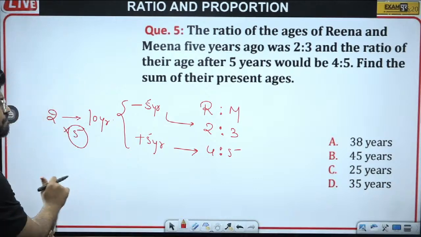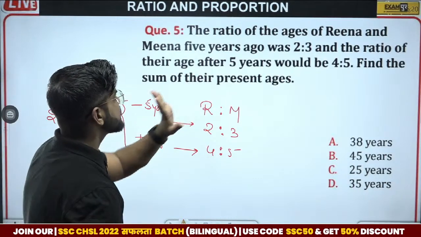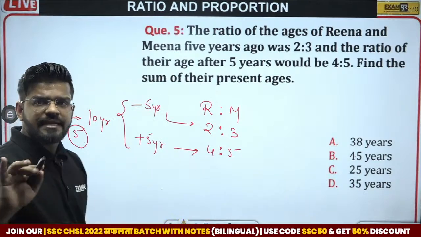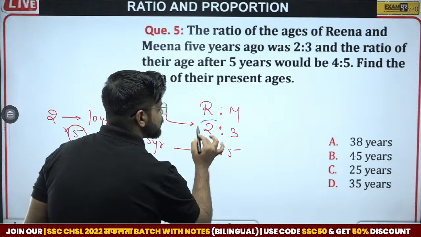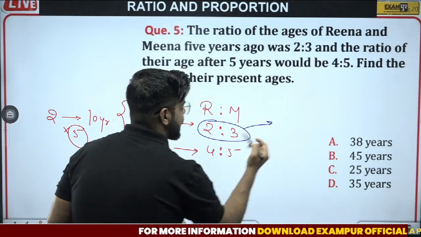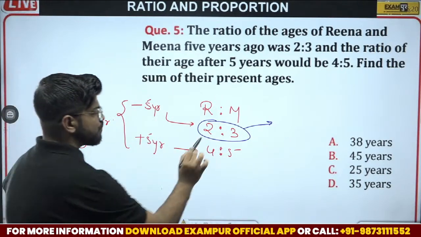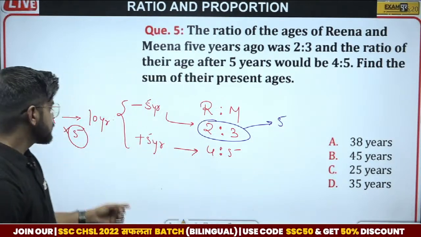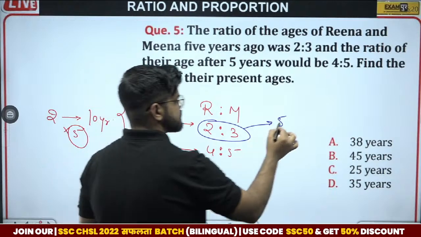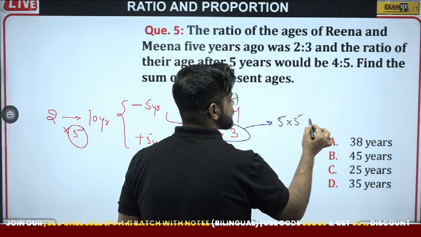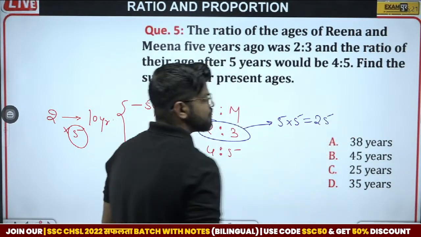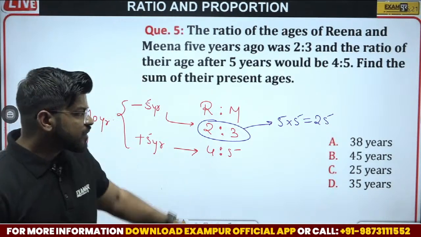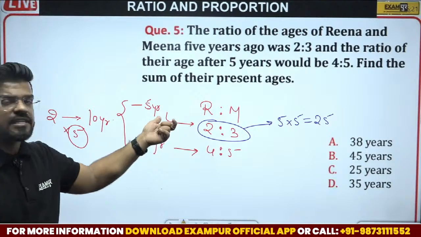Let me see. We have to find the sum of their ages, so you can play with either ratio. We add these and get 5, and the multiplying factor is also 5. So we get 25 years, but that 25 years is 5 years ago.